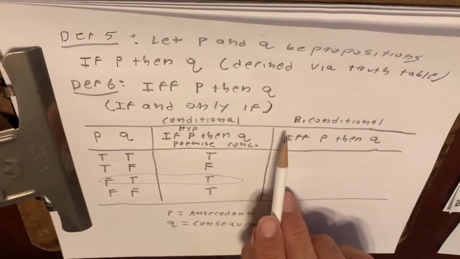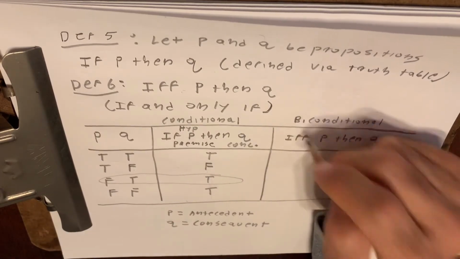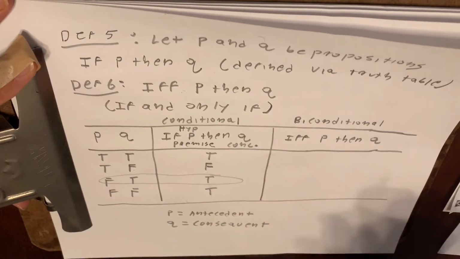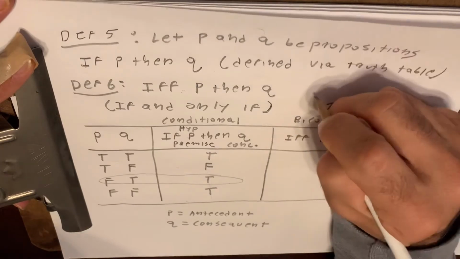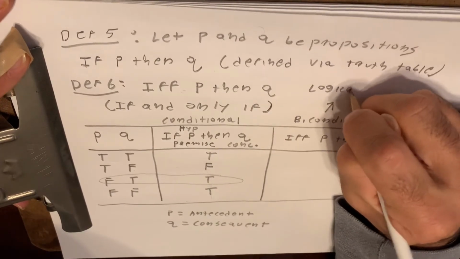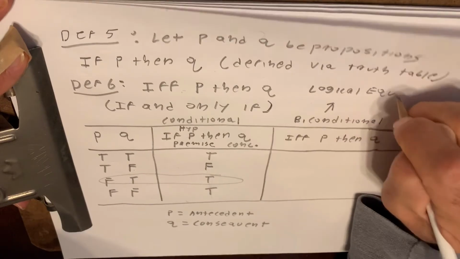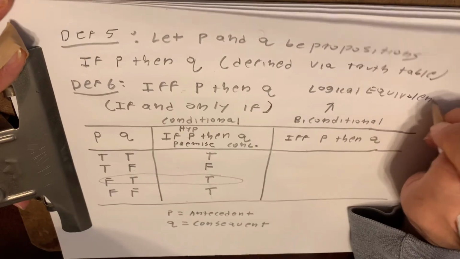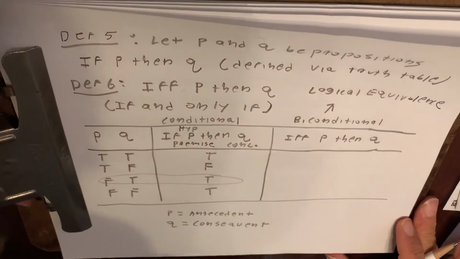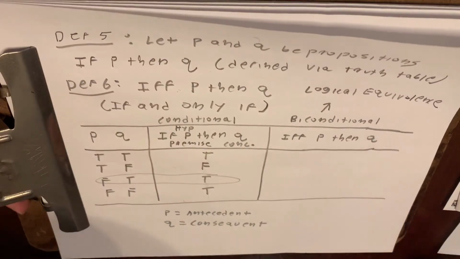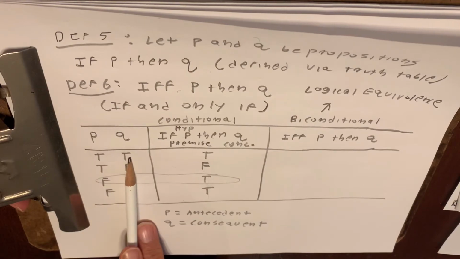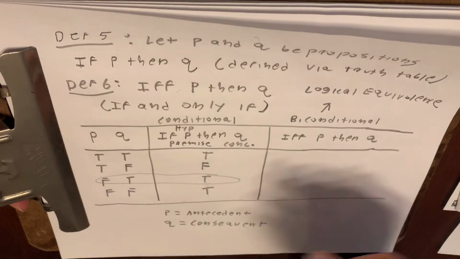Okay, so the biconditional, and there is a reason why we use this word bi, and I will show you that shortly. The biconditional implication is sometimes referred to as logical equivalence. And what that means is that if the premise and the conclusion have the same truth value, we're going to return a value of true.